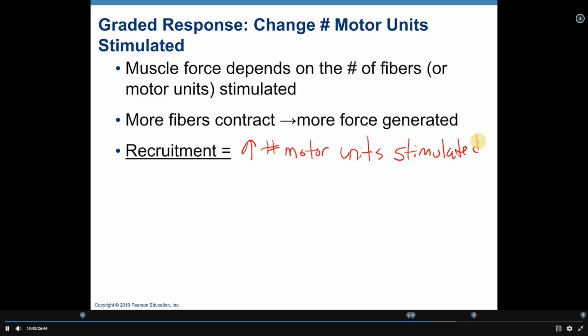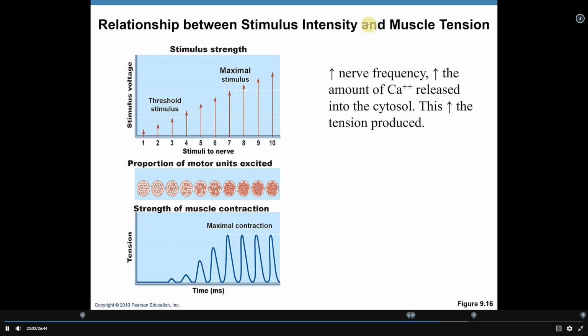That just means you stimulate more motor units, and as a result, more muscle cells contract. So both of these things happen during the production of a graded response. You are changing the number of motor units that are stimulated, and you are changing the frequency of the nerve impulse.